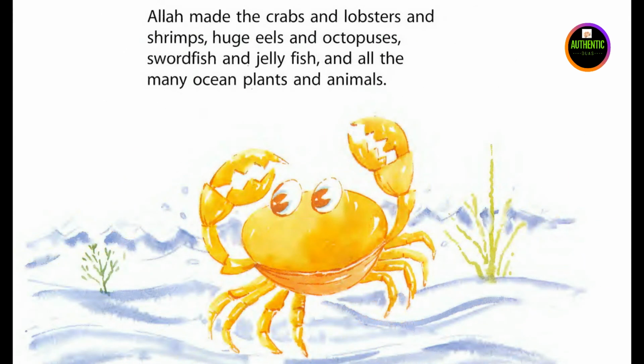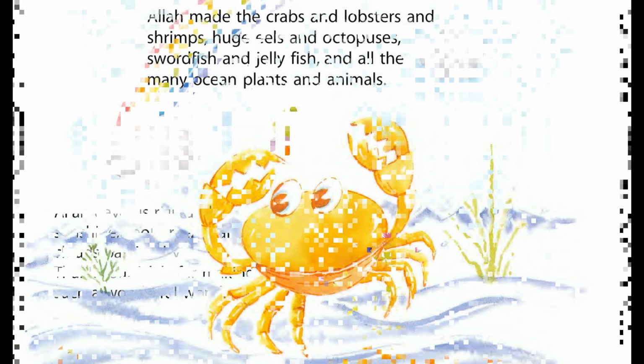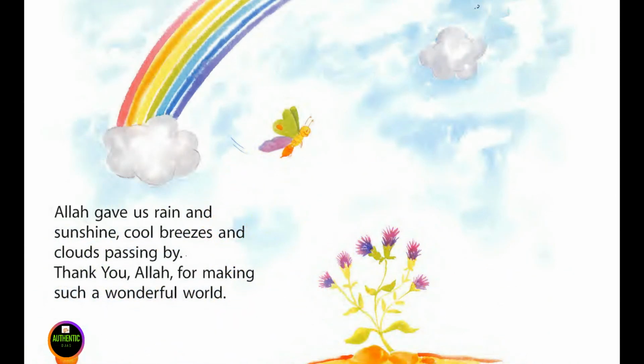Allah made the crabs and lobsters and shrimps, huge eels and octopuses, swordfish and jellyfish, and all the many ocean plants and animals. Allah gave us rain and sunshine, cool breezes and clouds passing by. Thank you, Allah, for making such a wonderful world.